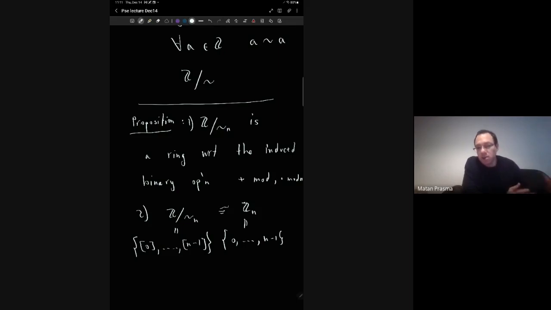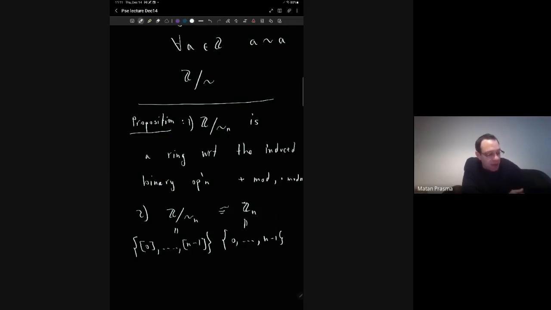This is an exhaustive description of all possible equivalence classes when I divide by the modulo n relation. And on this collection of equivalence classes, I have addition and multiplication.